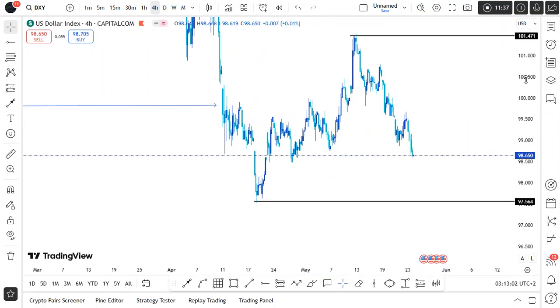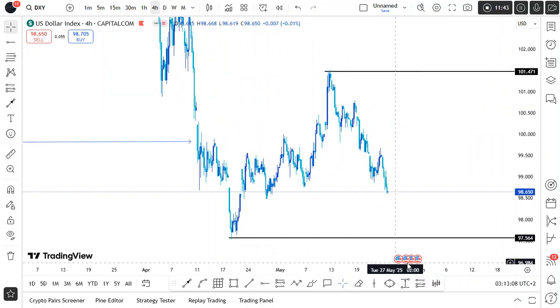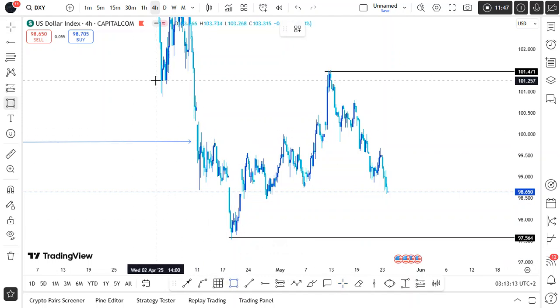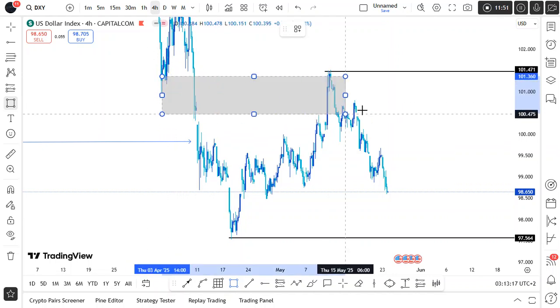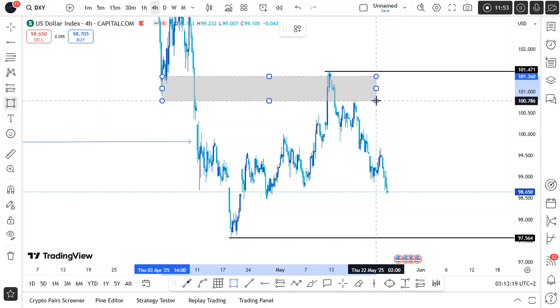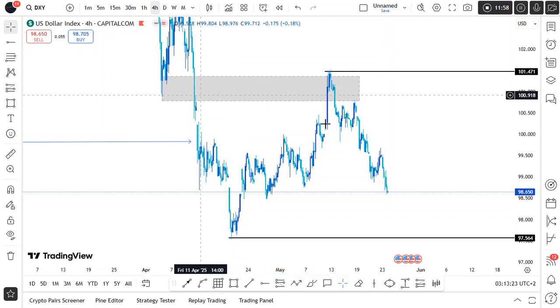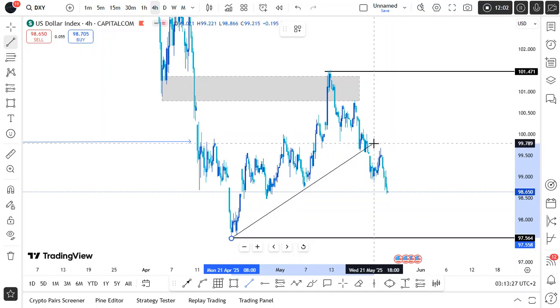I'll be spotting out my patterns, my reversal patterns, and continuation patterns. So this was the reason why we sold off. Price retested this previous low over here, forming this pattern, this reversal pattern that we were talking about.